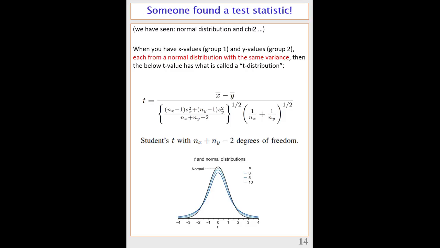Here somebody came up with this thing, labeled T. And from that T, actually the only two things that I want to emphasize here is first, that the mean of x and the mean of y is in there. So indeed, to try to figure out what this number is, and if this number should be representative for whether or not there is a difference between these two normal distributions, indeed, the two means and the difference of these two means is in there, so things further apart are more likely to be different.